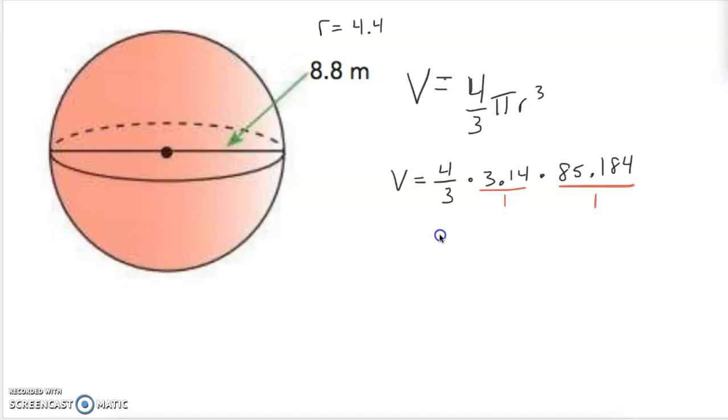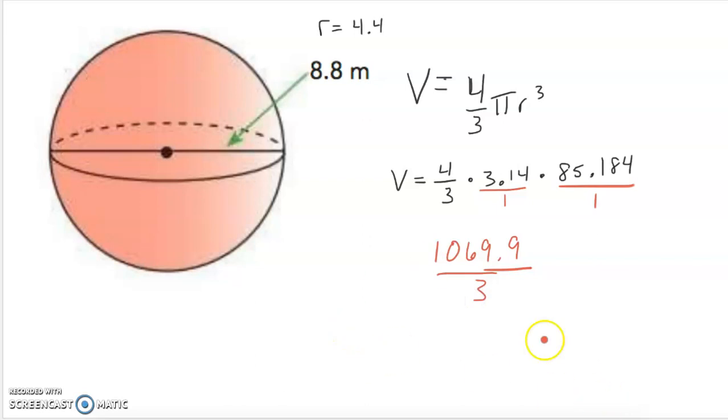It's going to give us 1069.9, we'll say. So now I've multiplied the numerators together, and I got that. Now I can multiply the denominators together: 3 times 1 times 1 is just 3.